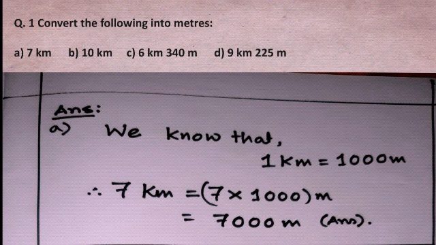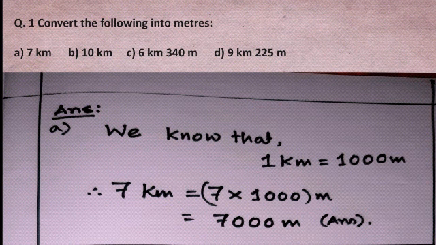First of all, think about the staircase. Km is in the top position, and km is the bigger one. So we have to convert from km to meter. That means bigger to smaller. From the ladder method, we have to multiply.